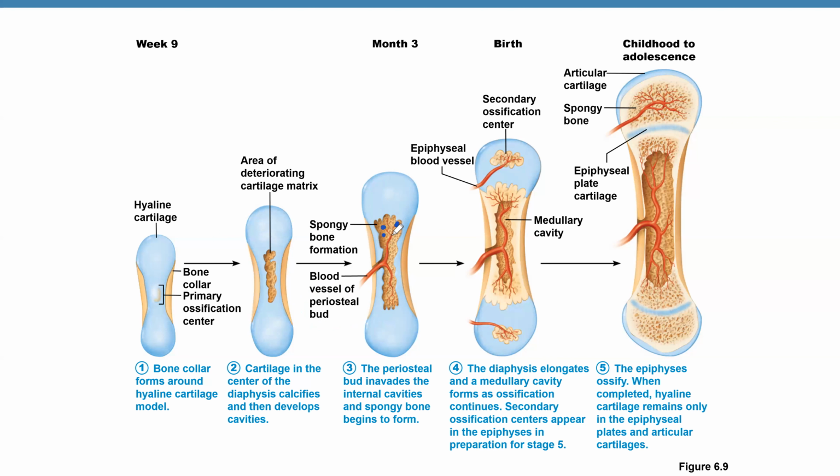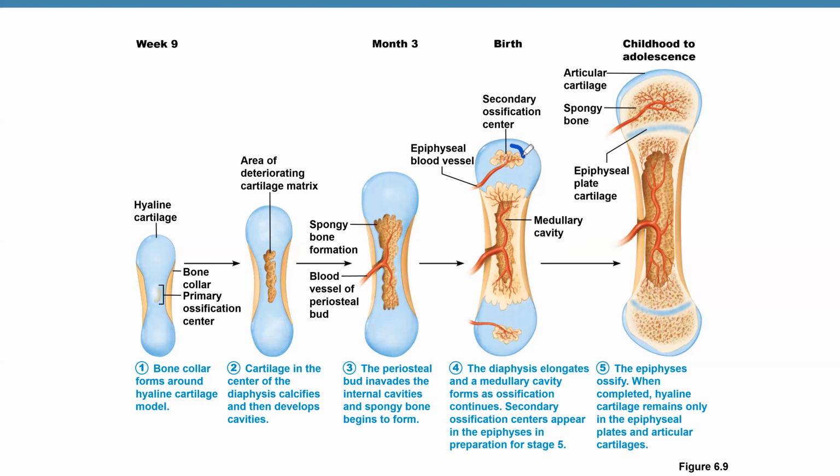Osteoblasts start depositing spongy bone over here. Then osteoclasts start cleaning up the spongy bone, forming the medullary cavity that is filled with red bone marrow, right? And this ossification continues, cartilage continues to die and be replaced by bone, and it continues longitudinally toward the epiphysis.